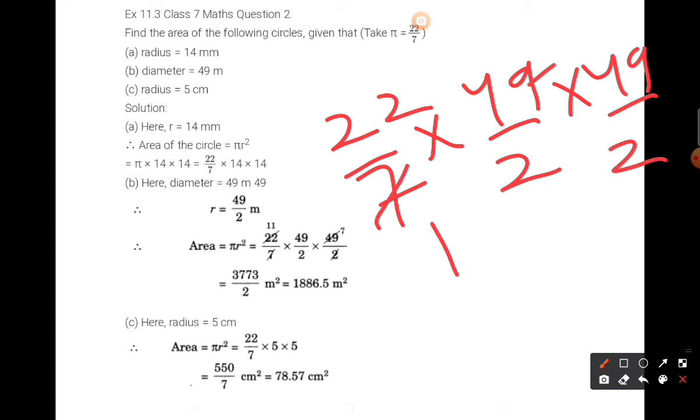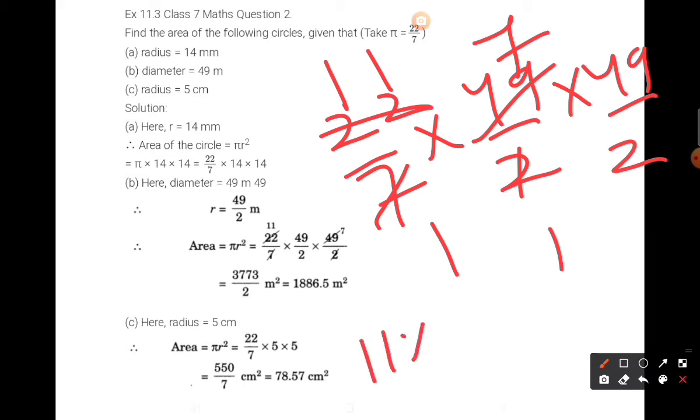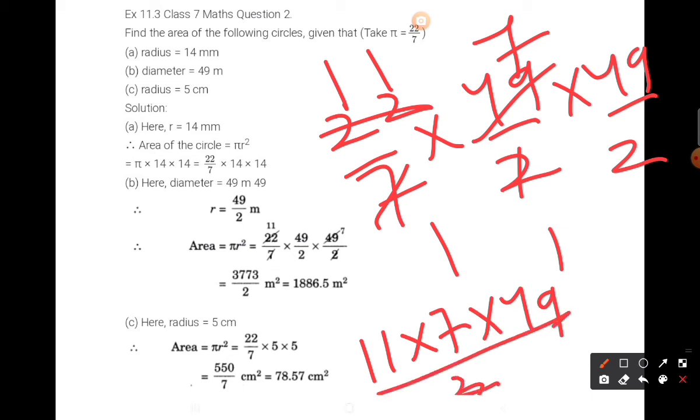So 7 1s and 7 7s 49. Again 2 1s and 2 11s. So what is left with us? 11 into 7 into 49, whole upon 2. So this is left with us. Now you need to multiply these 3 and then you need to divide it by 2.